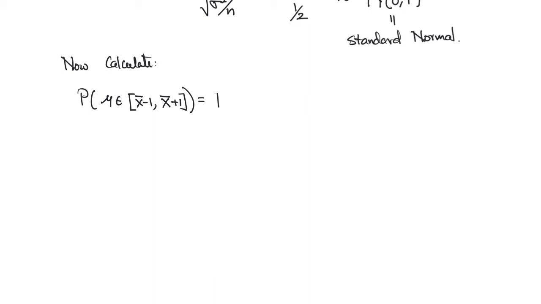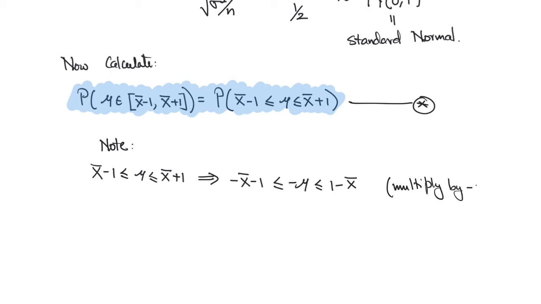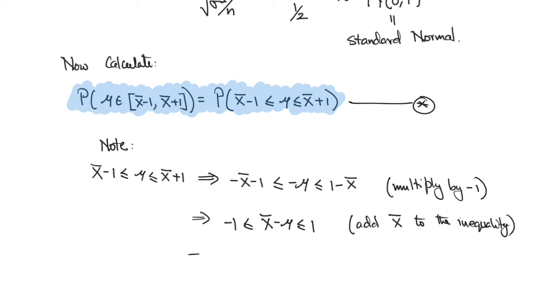The calculation proceeds as follows. We first note that x bar minus 1 less than or equal to mu less than or equal to x bar plus 1 is the same as minus x bar minus 1 less than minus mu less than 1 minus x bar. And we follow this with a bunch of elementary arithmetic involving inequalities.